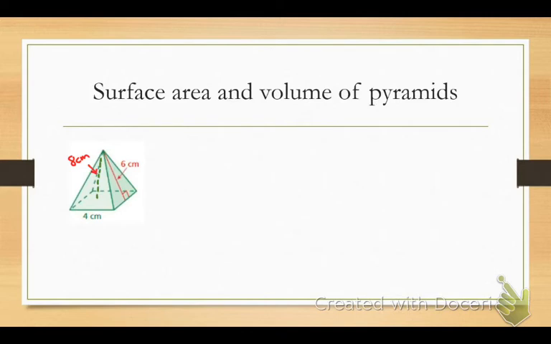That's going to be for volume. I need you to calculate the surface area and the volume. I'll tell you right now, I just had to do the 8 centimeters so you could do the volume. It has nothing to do with surface area. So calculate the surface area of the pyramid and then calculate the volume of the pyramid.